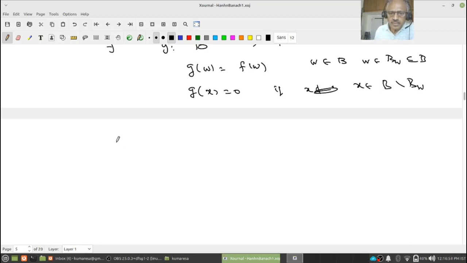Now I have defined g on a basis to F, therefore extend this linearly to all of V.